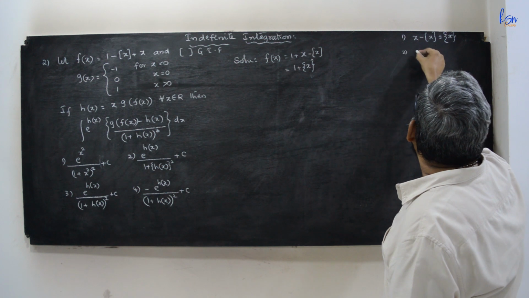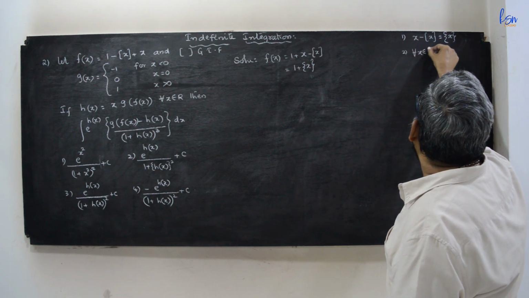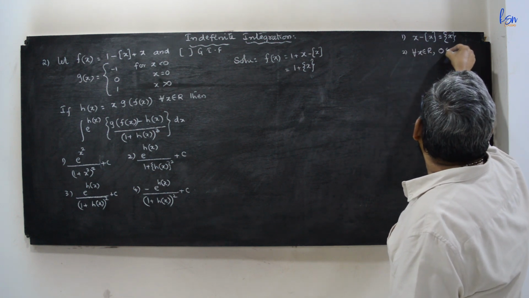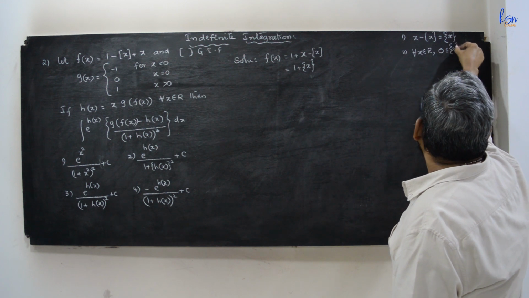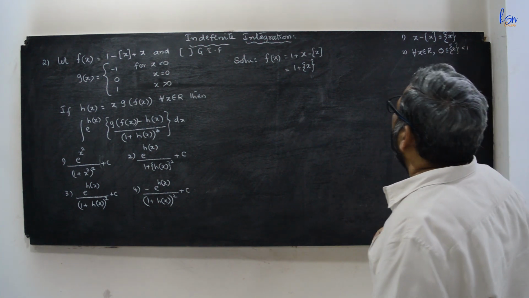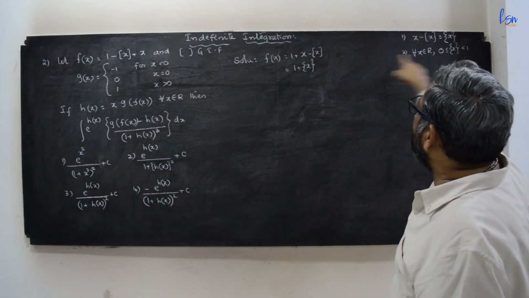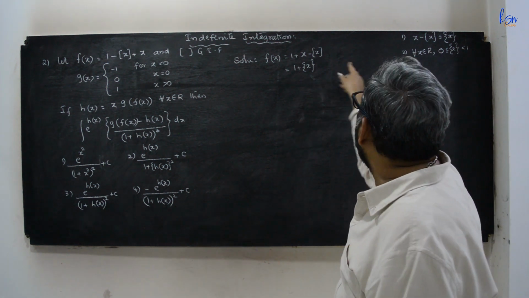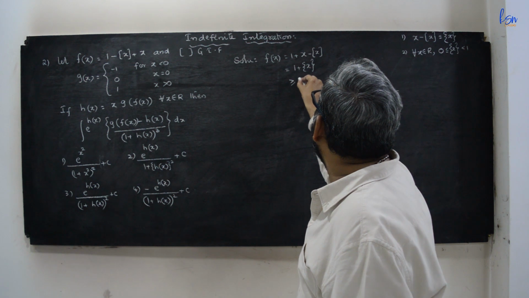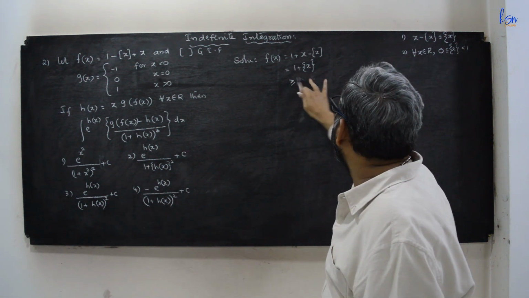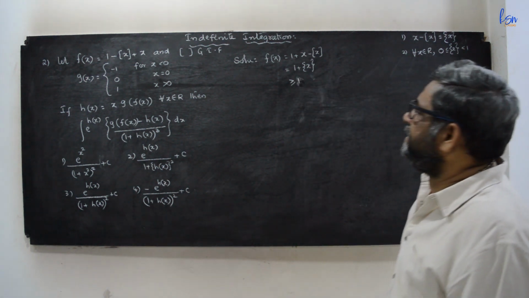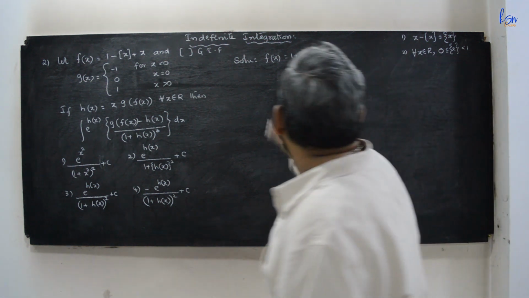The second one is, for all x belongs to R, 0 is less than or equal to the fractional part of x, which is less than 1. So this is greater than or equal to 0, and f(x) is greater than or equal to 1.